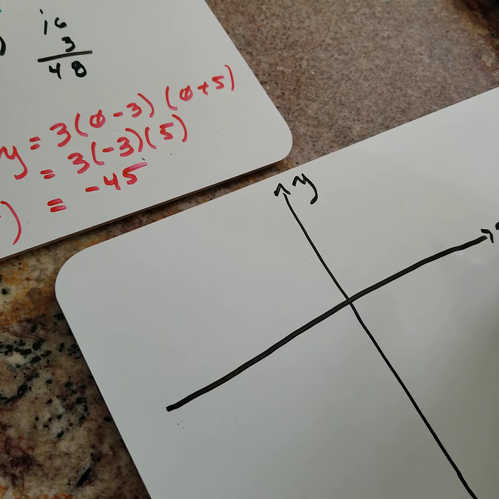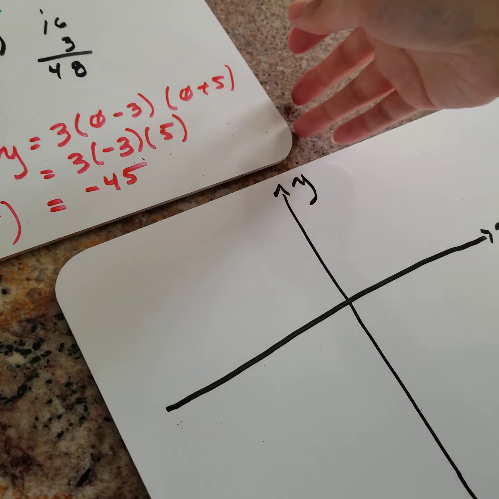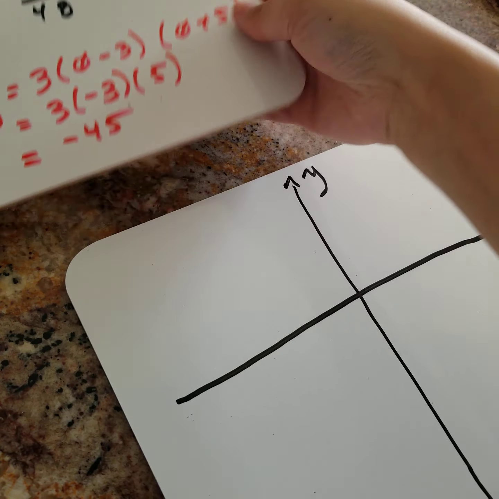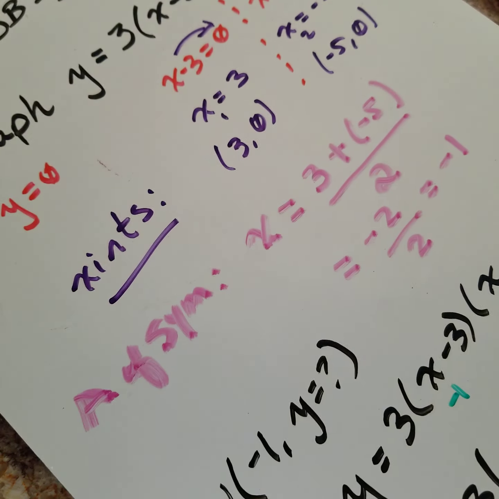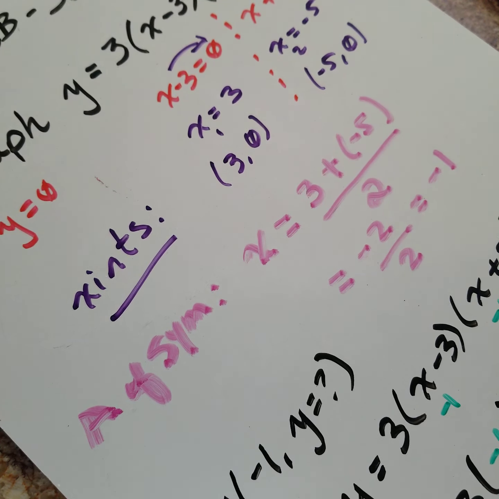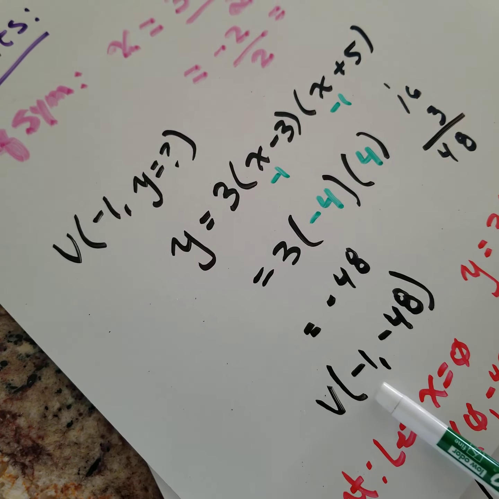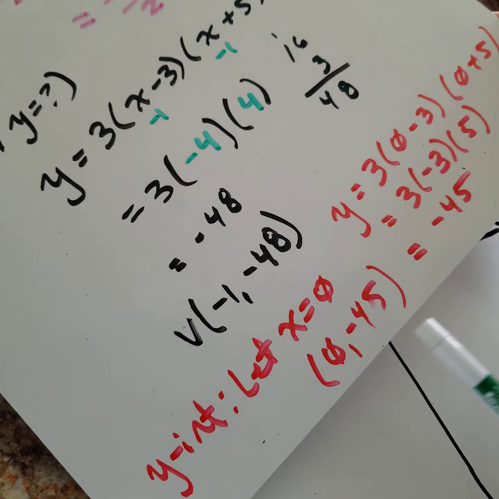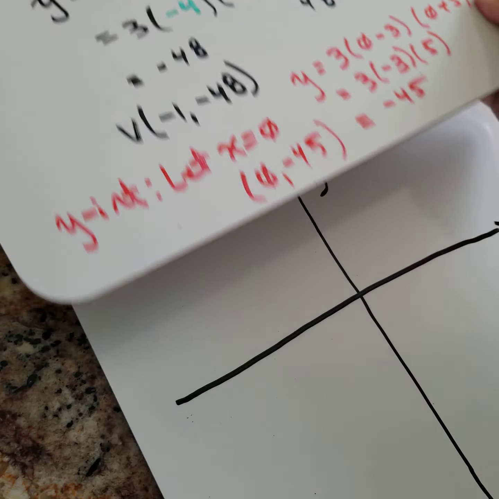So let's plot our x-intercepts. Our x-intercepts, remember, are at 3 and at negative 5. And then I have my vertex at negative 1 and negative 48. And then I have this y-intercept at 0 and negative 45.